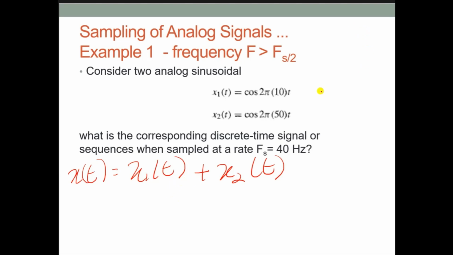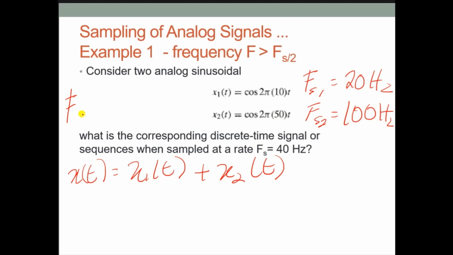We know that for x1(t) the sampling frequency must be at least 20 hertz, and for x2(t) it is 100 hertz. Fs must be bigger than or equal to f max. So in the case of a combination of these two signals, which sampling frequency must you use?